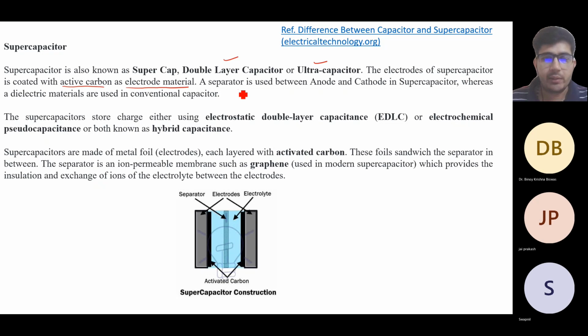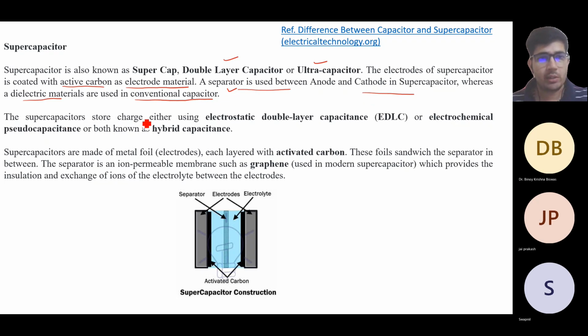A separator is used between anode and cathode in a supercapacitor, whereas a dielectric material is used in a conventional capacitor. So this is another difference, that here we are using a separator instead of dielectric material.